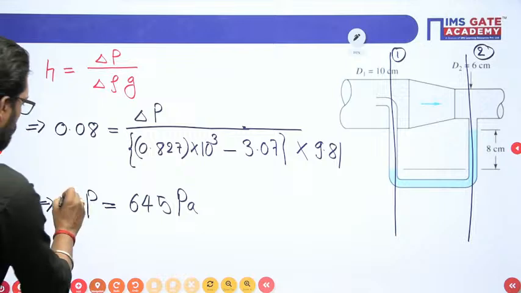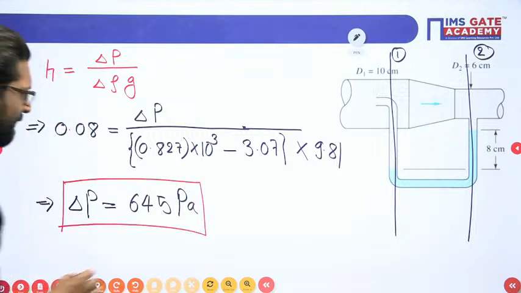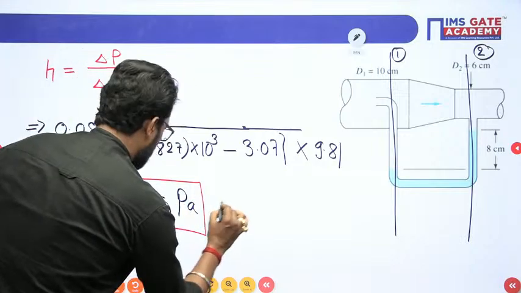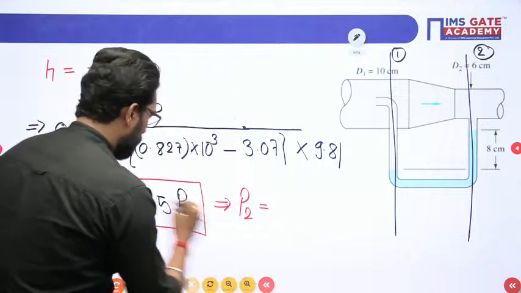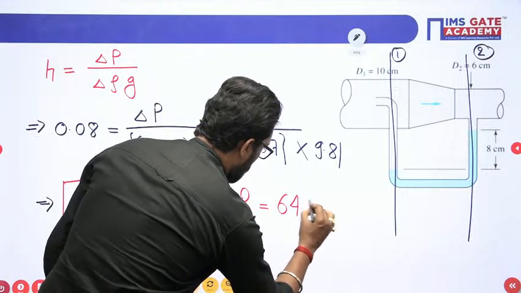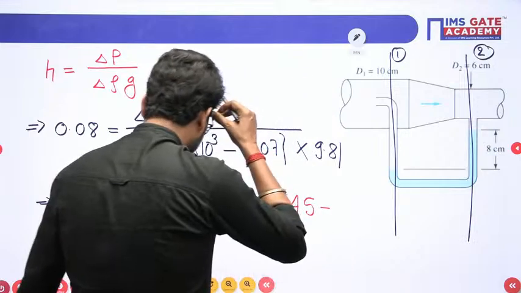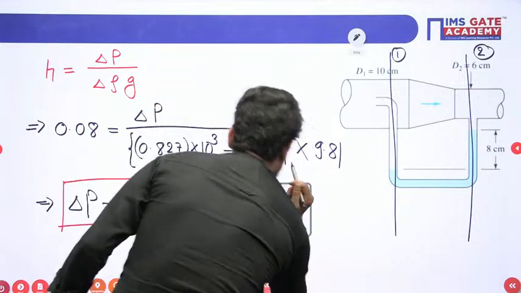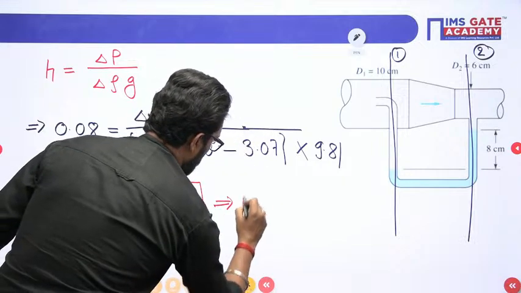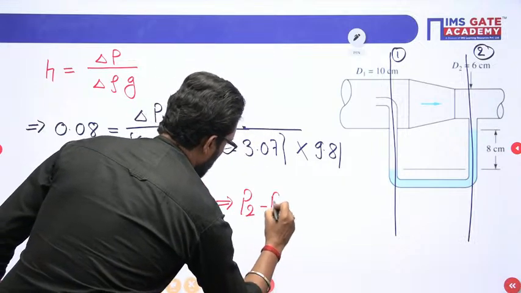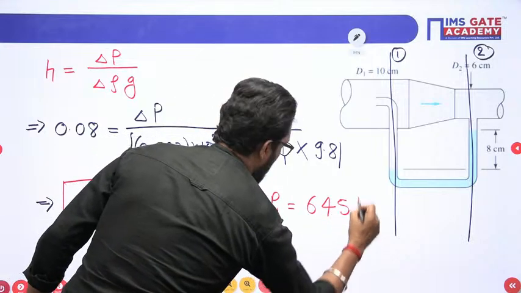P1 pressure is given, so you find P2. Higher minus lower. So here you have to find P2 minus P1 of this value, 645 Pascal.